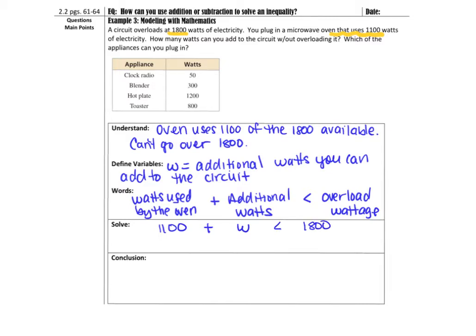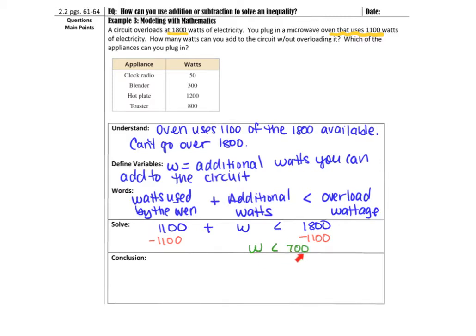How would you solve for W? You would subtract the 1100 from each side of the inequality. So we have 1800 minus the 1100. That gives me an answer of W is less than 700.